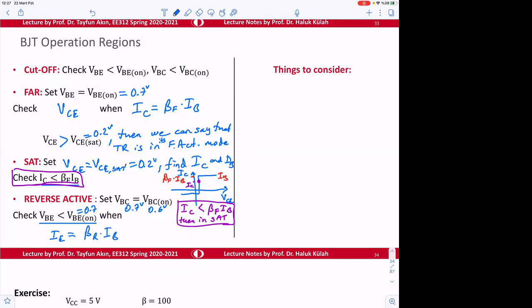Okay, so this one is I emitter. Direction is the other way around. Here we'll draw the transistor like this. And this is emitter, this is collector, and I emitter is this direction.